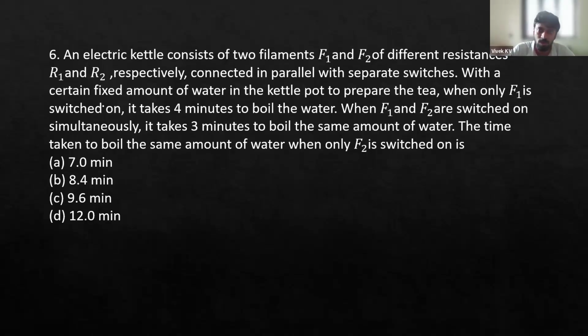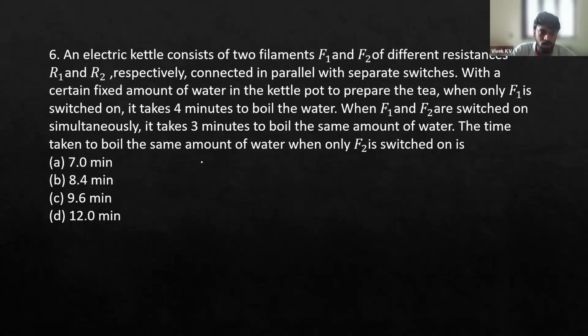When both are switched on, the time taken is reduced because more heat will be generated. We know that H equals I square RT, so according to resistance it will increase. So what is the time taken to boil the same amount of water when only F2 is switched on?